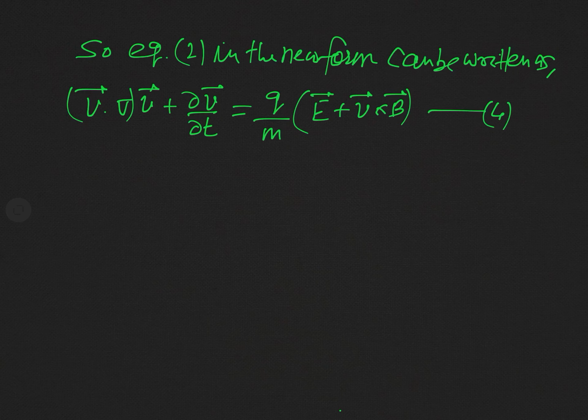Actually, this equation 4 represents the momentum equation, but only when Lorentz force is present. If only Lorentz force is present, then this equation will be a momentum equation. But this is not a general momentum equation, as I have already mentioned before the derivation of momentum equation, the actual form of momentum equation, and you can see there are other terms in the RHS of that equation.